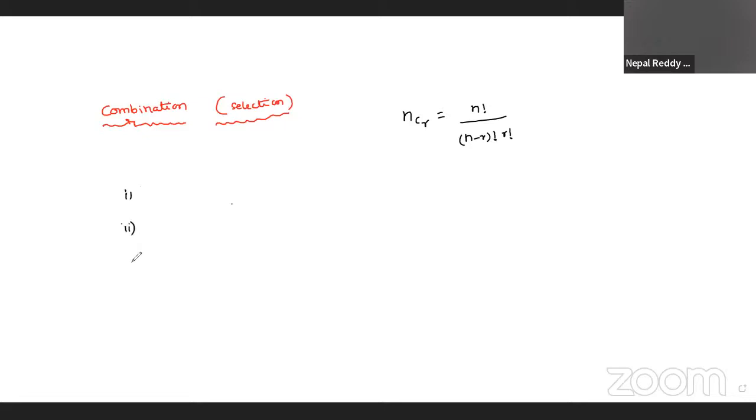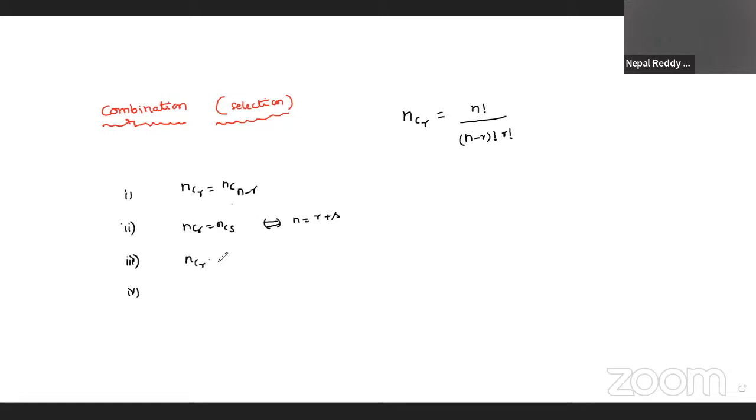And there are some properties of nCr. They are: nCr is equal to nC(n minus r), remember. And suppose nCr equals nCs, if and only if n equals r plus s.